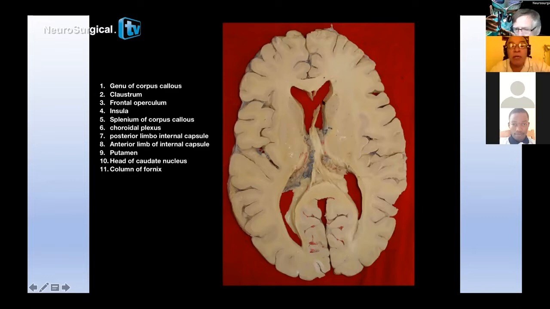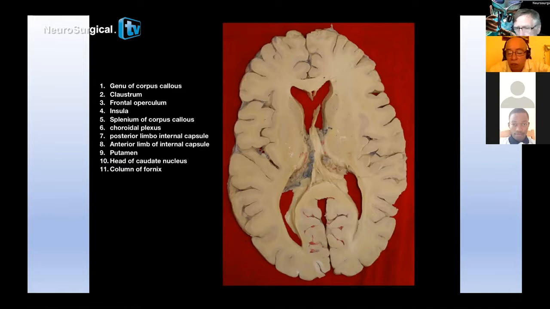Here, putamen and head of caudate nucleus, and column of fornix. Yes, I agree. You can differentiate and visualize these structures in this axial coat.